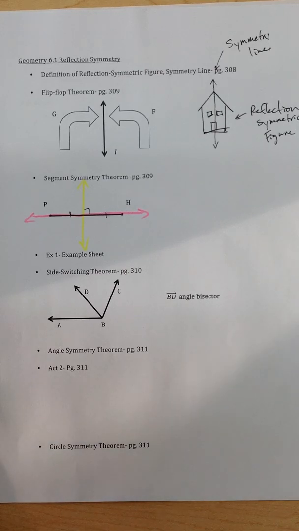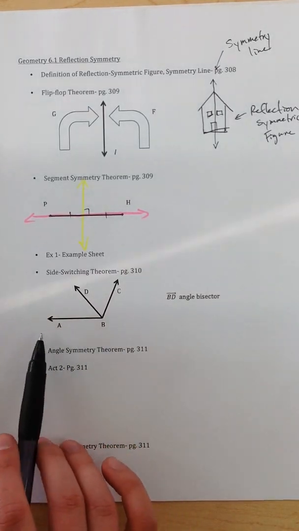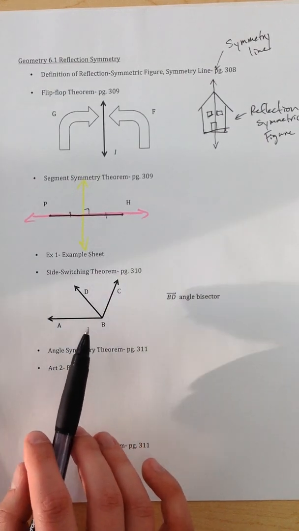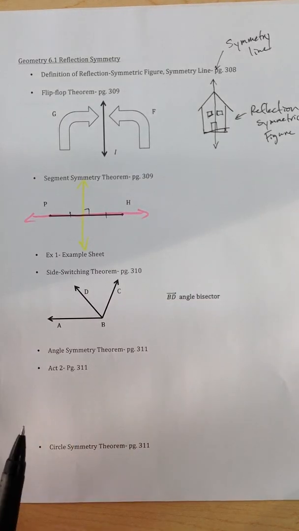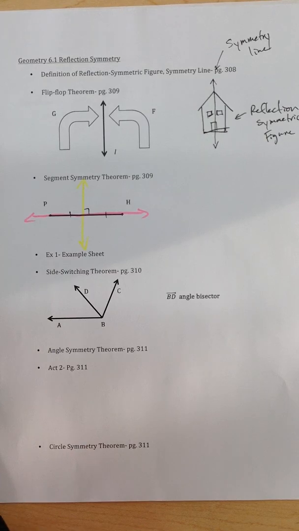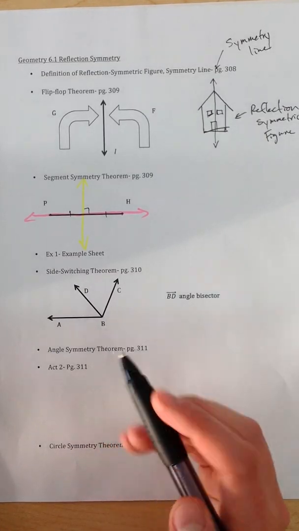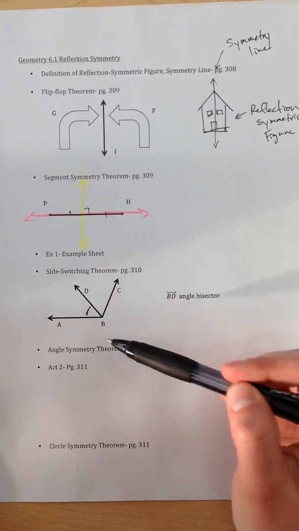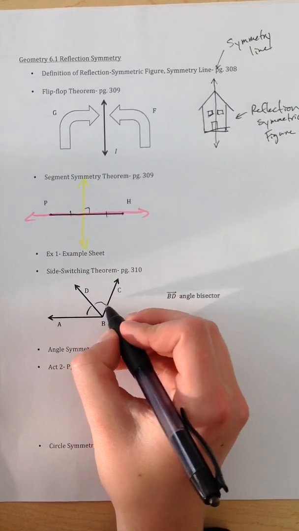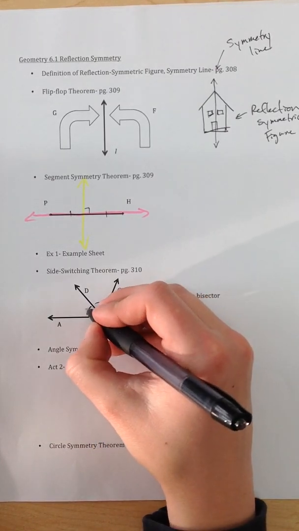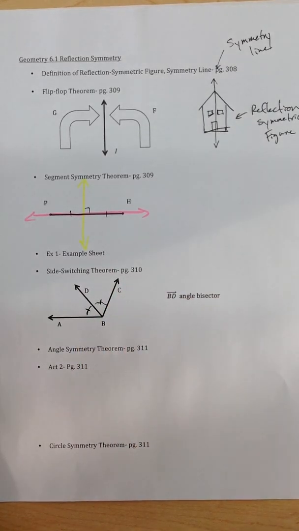So what they're saying here is, here's kind of a picture, if this ray BD is the angle bisector, which we've got written here, then if we take one of these angles and flip it over this line, then this angle would be a reflection of it. So basically whatever this angle is, this one's going to be the same thing, and they're going to be reflections of each other.